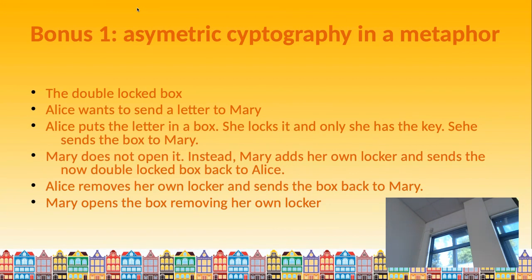You have a box, you want to send a letter to someone. Then you put your letter inside this box, you lock this box with your locker, and only you have the key. You send the box to the person. What does the person do? The person puts a second locker in the box with his own key and keeps the key with himself. And then this person sends me back the box.